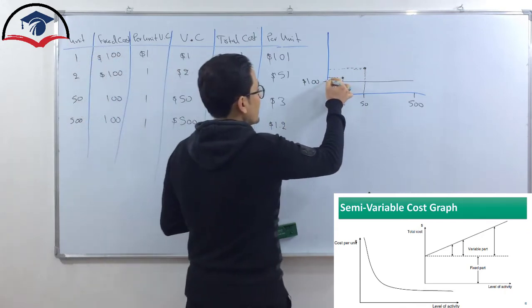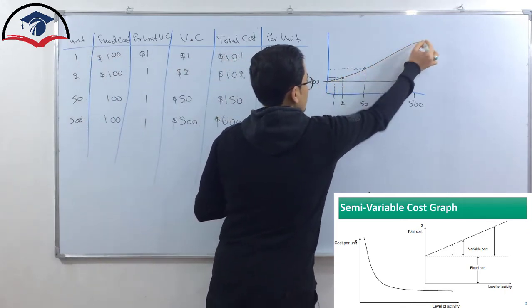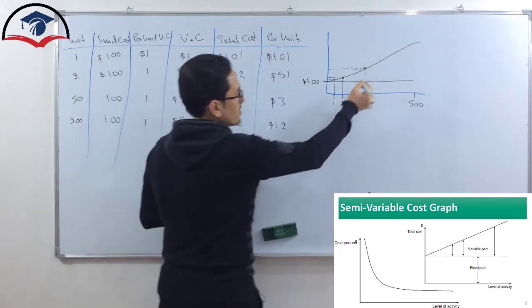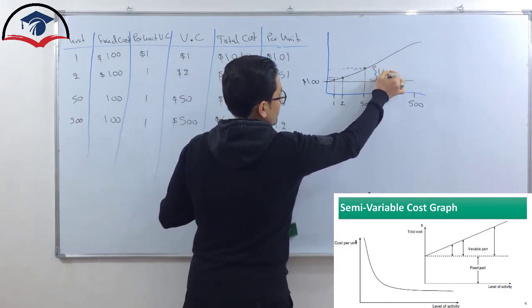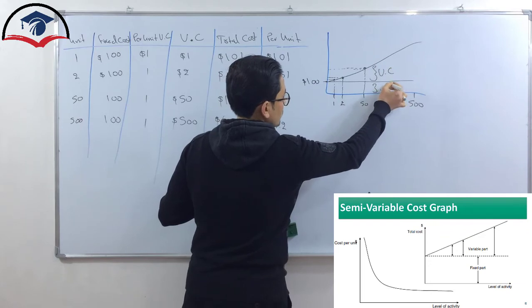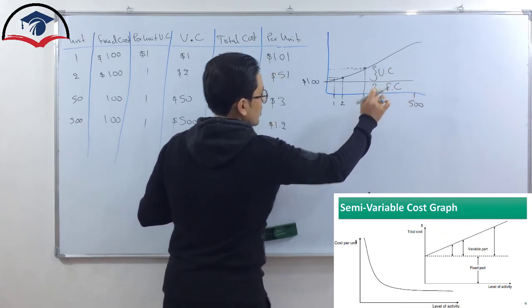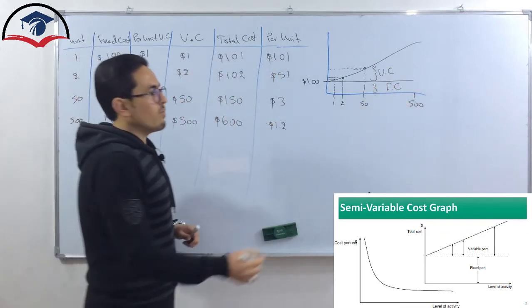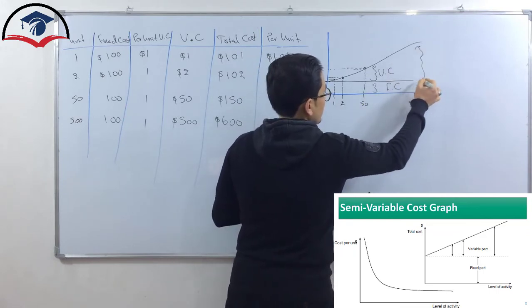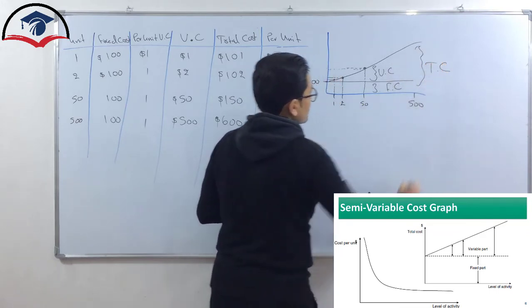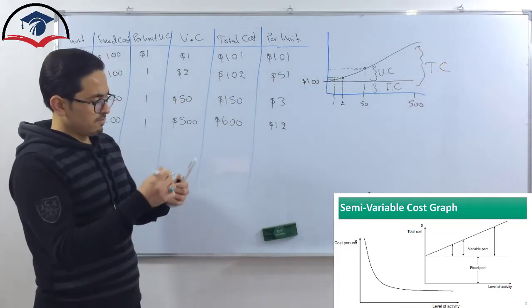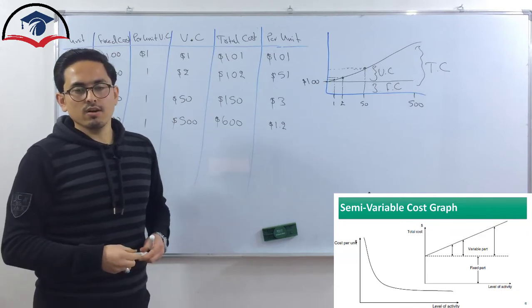So the line of variable cost will be this one. This portion is for the variable cost and this portion is for the fixed cost, and the total will be my total cost. So nice. This is for total cost.